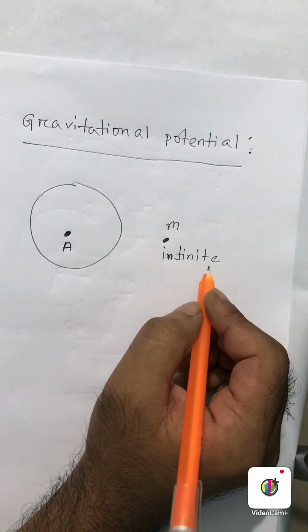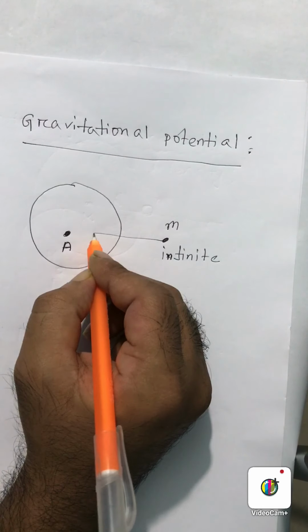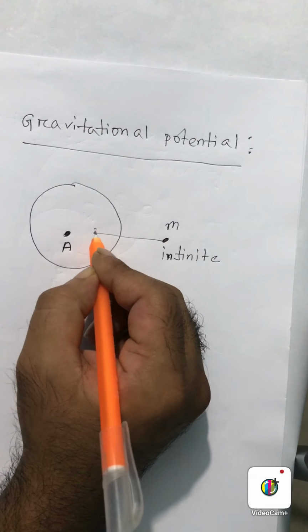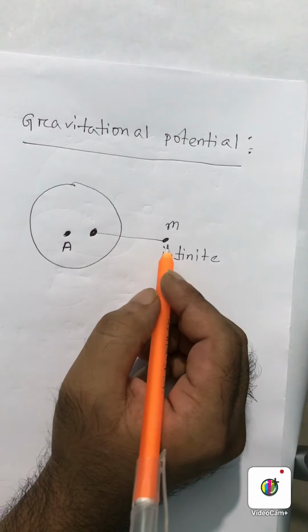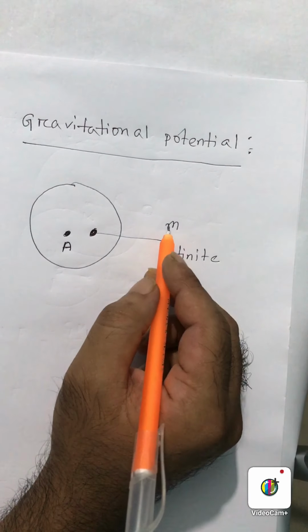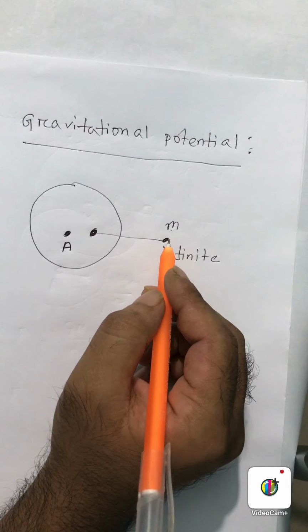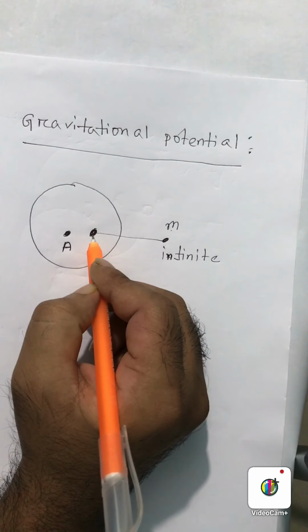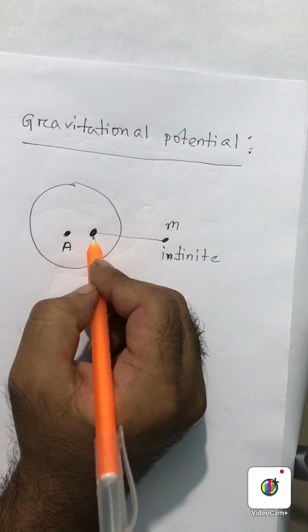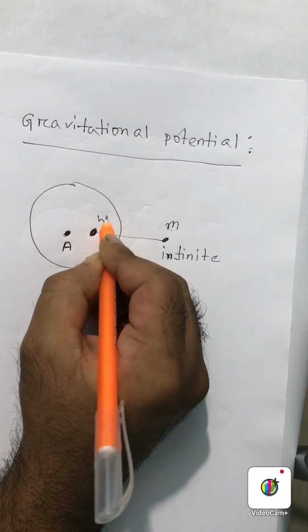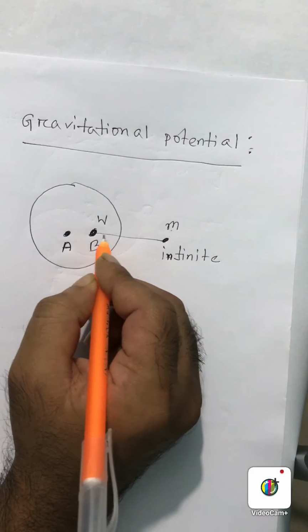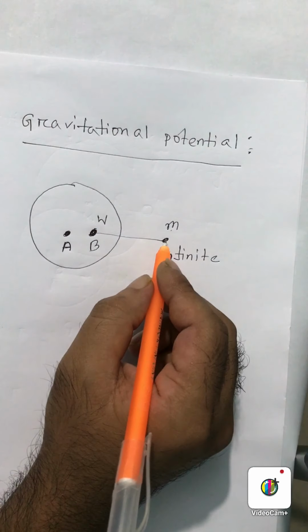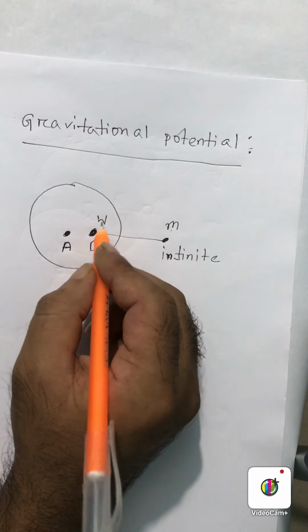Now if you bring this object from infinite distance to a point inside the gravitational field of object A, the amount of work needed to bring this object from infinite distance to the B point is W.